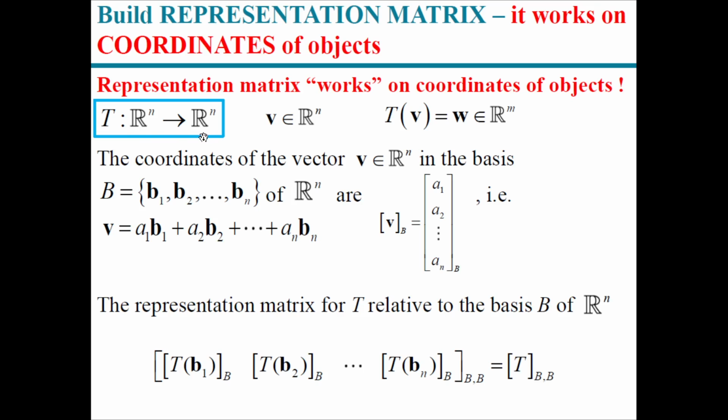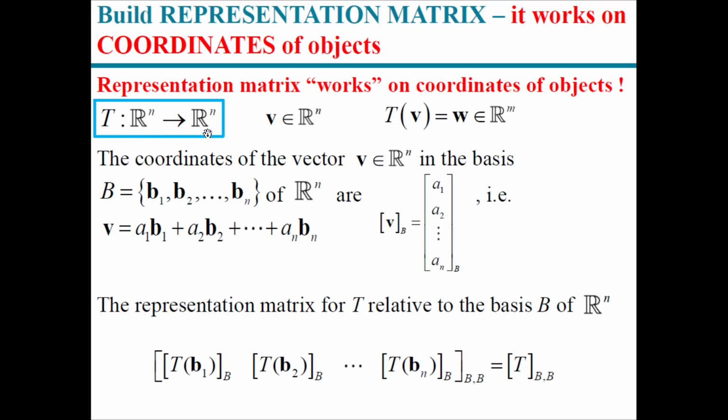You cannot have one basis for the input space, and then, since the output space is the same space, a different basis. That makes no sense. When you pick a basis for R^n, it's a basis for the inputs and for the outputs.